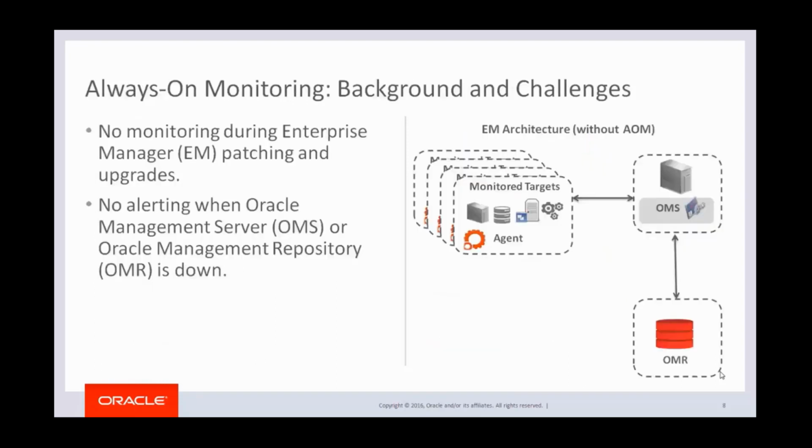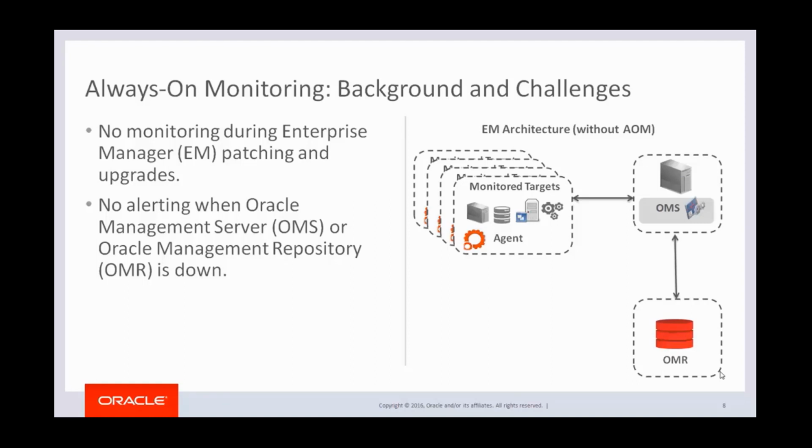So always-on monitoring. Why did we build this? It is because there is a time when these three components, OMR, OMS, and agent, do not work together. And that is particularly when you have Enterprise Manager downtime.